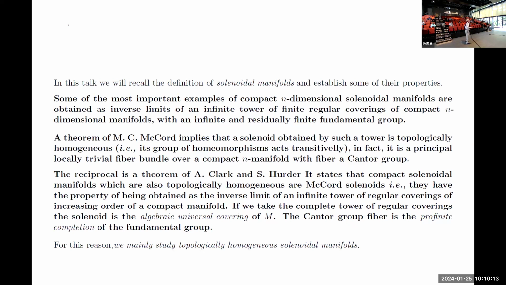And for this beautiful characterization, we shall obtain an infinite tower of finite covers of a manifold. This theorem of McCord implies that the solenoid obtained from such a tower is topologically homogeneous. Topologically homogeneous means you can go from any point to any other.